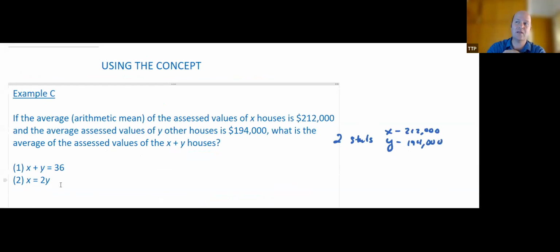Statement 2 gives us the X to XY ratio. This would never be C, this problem. This is a classic case of a C trap. Obviously, with the two statements together, you can find X and Y, because you have two equations with two unknowns, but that's too easy. And when C is too easy like that, that's what we call a C trap. Don't put C, put A or B or D, or try very hard to put one of those.